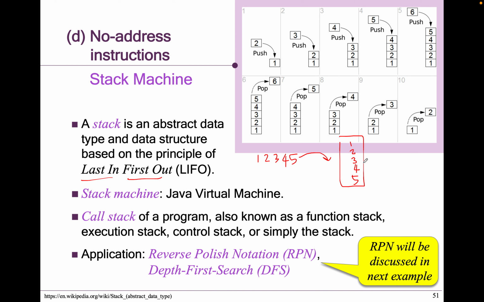This is the first in, but it's called the last in. Last in is going to be first out. When you have stored it all, if you want to take them out, you take 1 first, then second, then third, then fourth, and then 5. It's called LIFO, last in first out. Stack machines are used in the Java Virtual Machine.